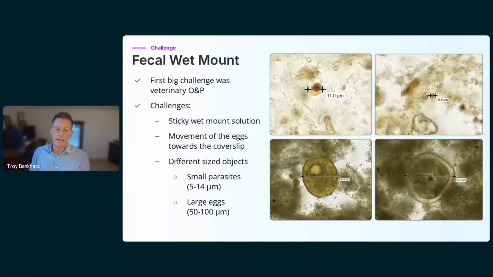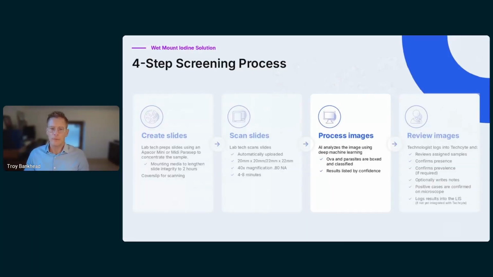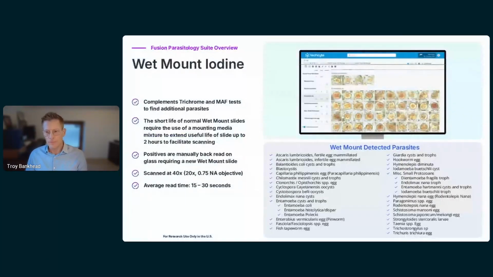And most importantly, there is a very short slide viability time that must be taken into consideration. And so once these samples are scanned in, they are immediately sent up to our cloud. Our service is based in the cloud, and the AI performs the analysis and then presents the results to the end user. And that's where we get to our interface.